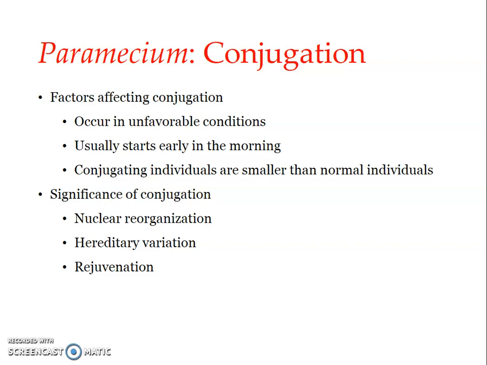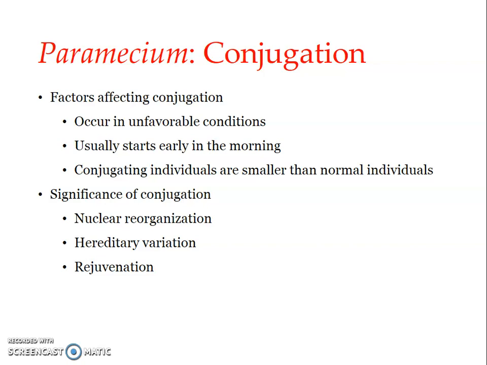Okay, now apart from that, we can see that sudden darkness in light conditions and low temperatures are also found to induce the process of conjugation in certain species. And conjugation usually occurs after about 300 or so asexual generations, or that is 300 continuous binary fissions, or it alternates with binary fission at long intervals to rejuvenate the dying clone.